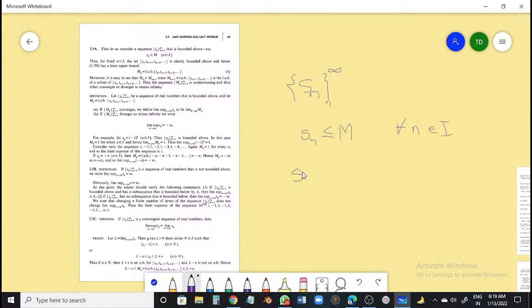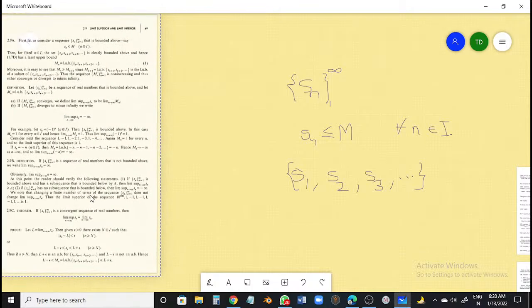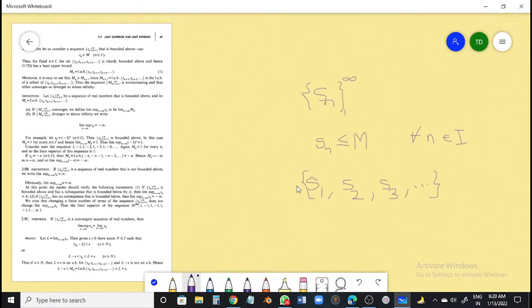Suppose I am talking about S1, S2, meaning the whole sequence, S3, and so on. If I handle all the terms and find out its supremum, means least upper bound of the set, we will call it capital M, but because we have started from the first term, we will denote it as M1.